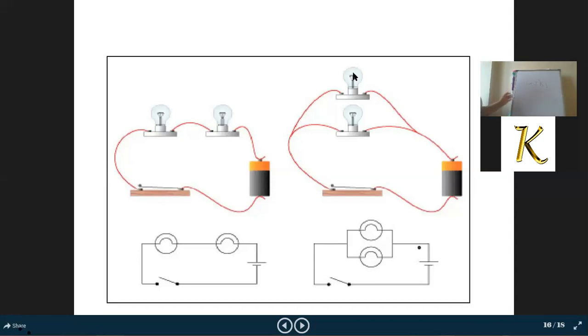Now, to calculate the electrical energy, let's see what we do. Let V be the potential. For example, if there is a circuit where the current is flowing through a particular resistor, here is the voltmeter, this is the ammeter, okay?